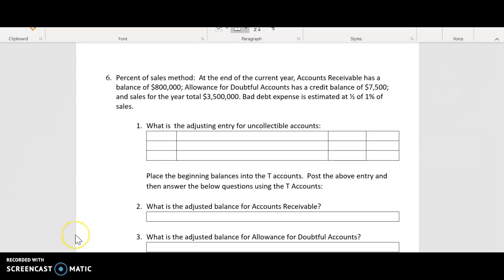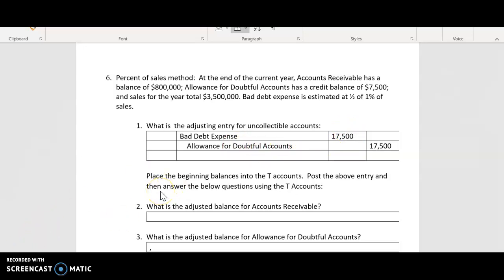Then you have to multiply that by your sales amount, which is $3,500,000. The entry to record the percentage of sales, the allowance method, is always a debit to bad debt expense and a credit to allowance for doubtful accounts, and the number you should have gotten in your calculator is $17,500.